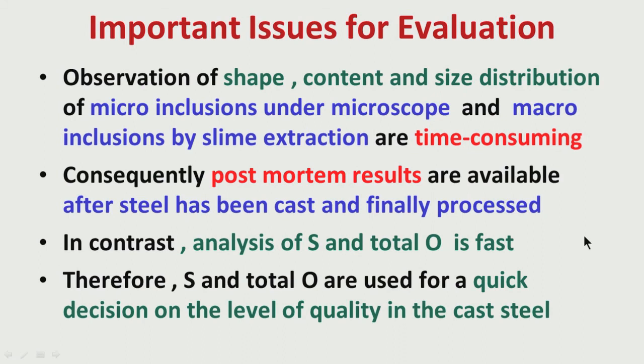So, we know whether the steel will be relatively clean or relatively unclean, and we can take a decision at this stage. We can take a disposition decision, that means whether this slab or this bloom or this billet should be processed for this product or should be processed for some other inferior quality of steel.